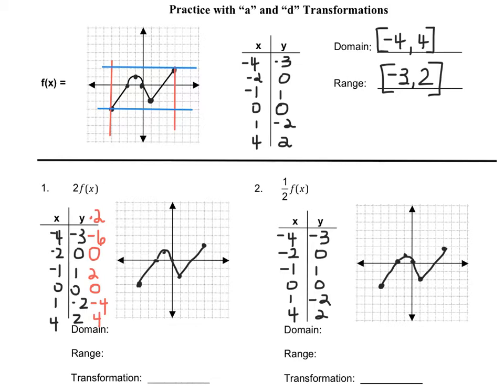All I did was take my y values and multiply them by 2, because what this says is 2 times the function evaluated at x. This is my x, this is my function evaluated at x. All it tells me to do is multiply it by 2.